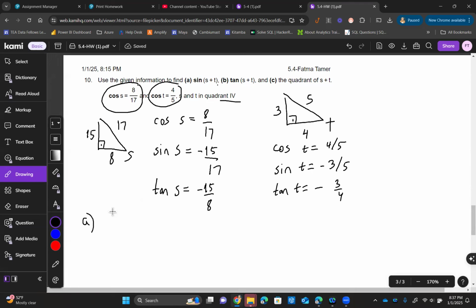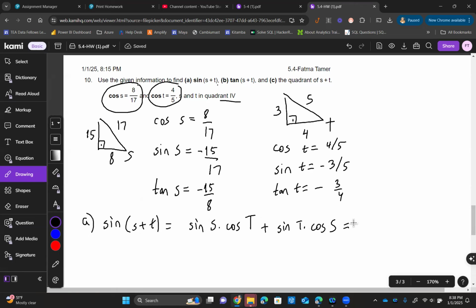Now, for the first problem, sine of S plus T. The formula says we need sine S times cosine of T plus sine of angle T times cosine of angle S. Order might be opposite, but for multiplication, it doesn't matter.